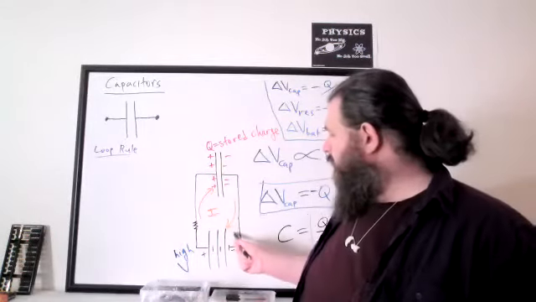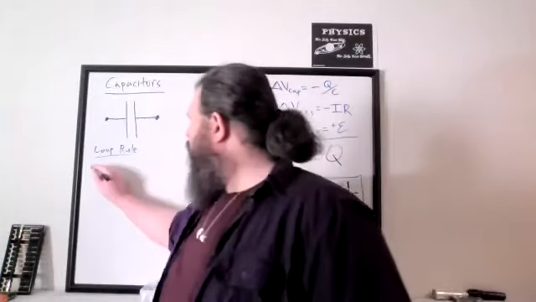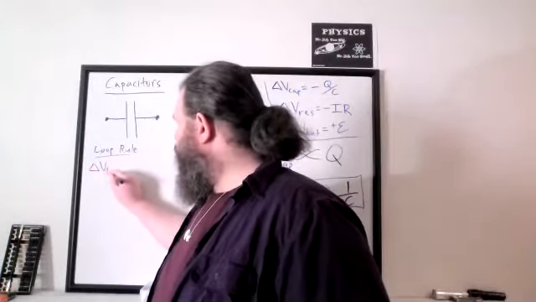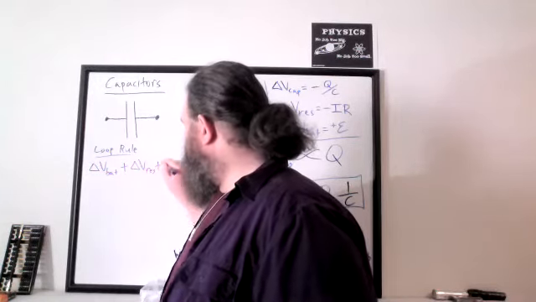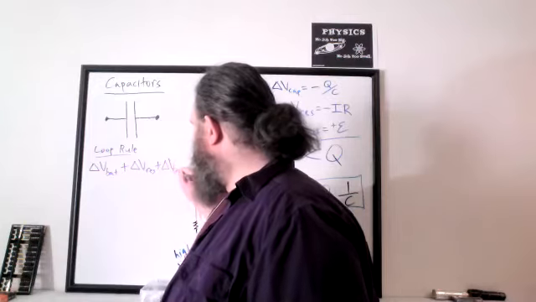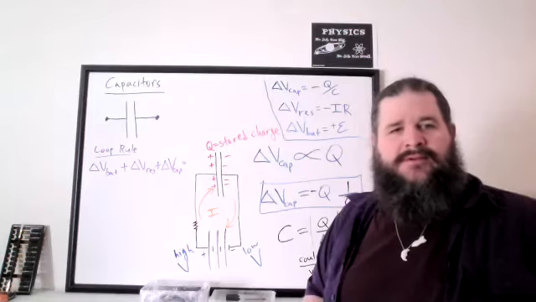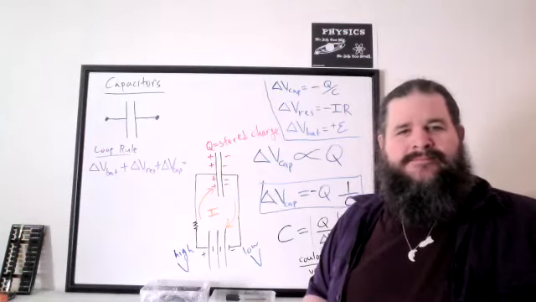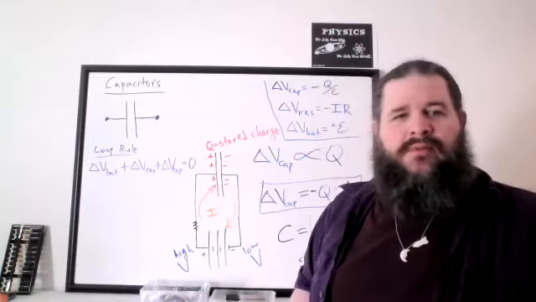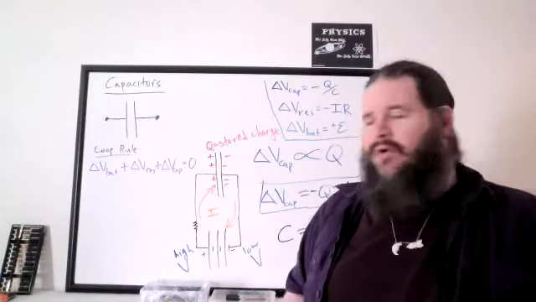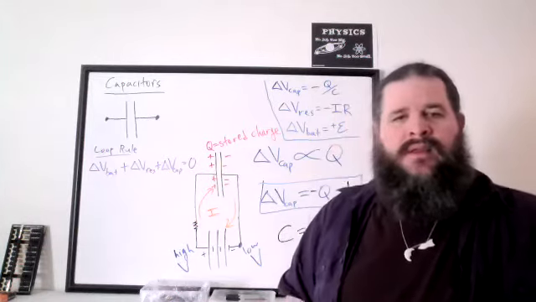Going around a complete loop, we're going through the battery, the resistor, and the capacitor. Since we formed a complete loop, what do all those voltages have to add up to? Yeah, those have to add up to 0 because we've returned to the starting point. So overall, there's no difference in voltage from this point and itself.